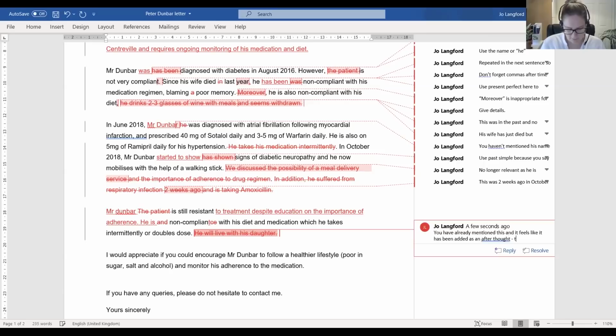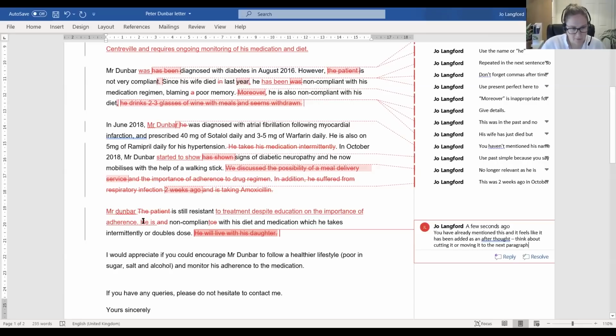Think about cutting it, or moving it to the next paragraph when you talk about what needs to happen once he lives with his daughter. Okay, let's have a little look.